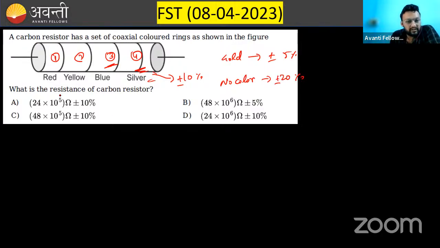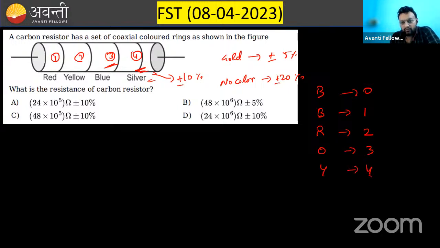And if I talk about this red, yellow, blue thing, black has 0, brown has 1, red has 2, orange 3, yellow 4. Again, green and blue 5 and 6. Do you know this table?